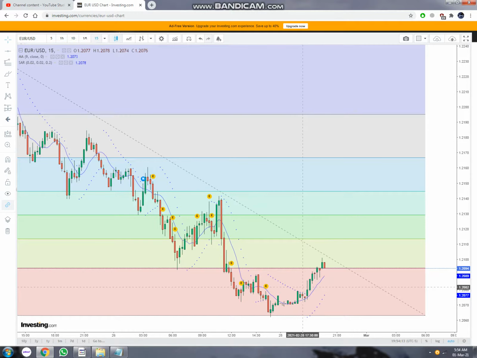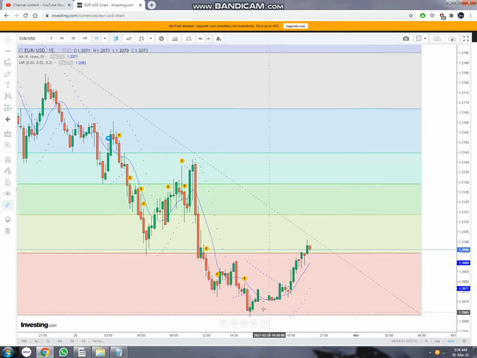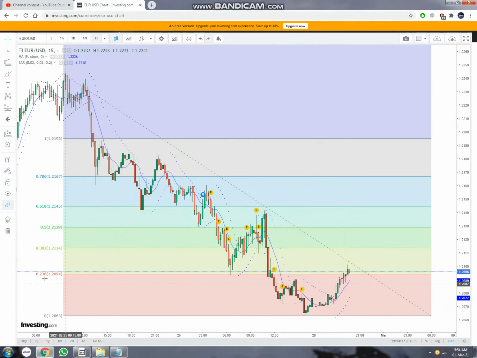If you have watched my previous videos, I've explained how Fibonacci retracement works. Fibonacci retracement is used to determine pullbacks, or how far the price will go. You can see that it reached this level and now it's trending upward. It crossed this 23 level.